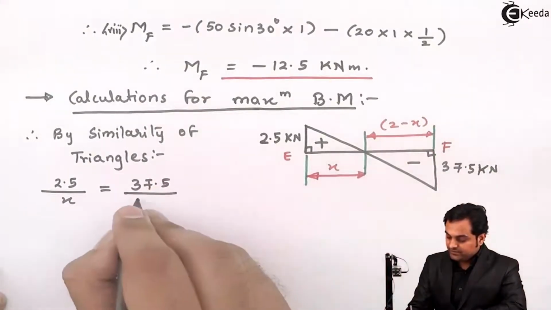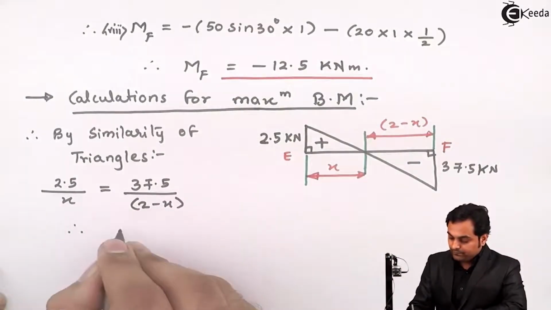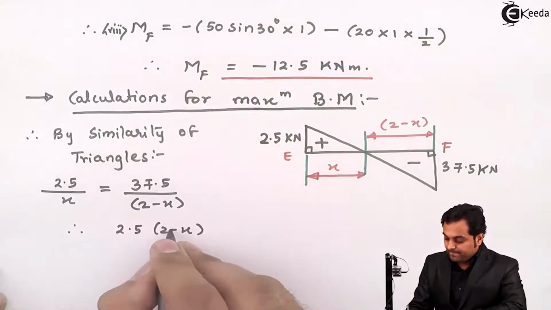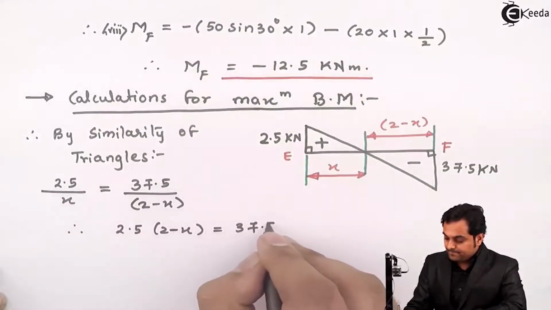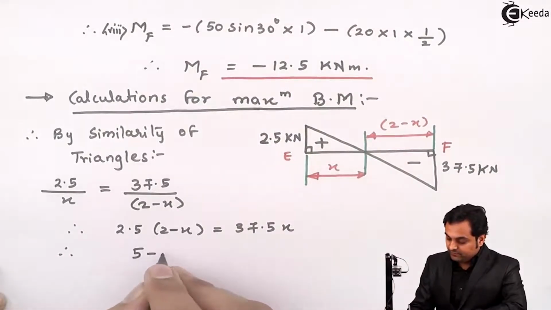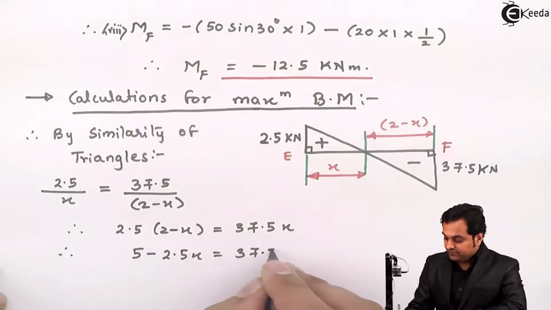Its base is 2 minus x. This will be cross multiplied. 2.5 into 2, that becomes 5, minus 2.5x is equal to 37.5x.